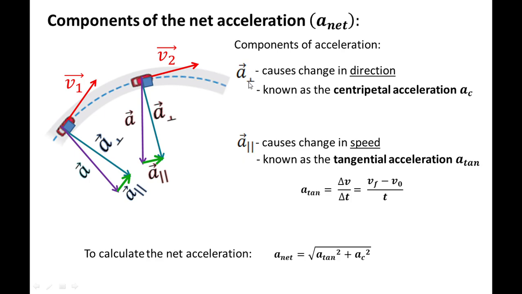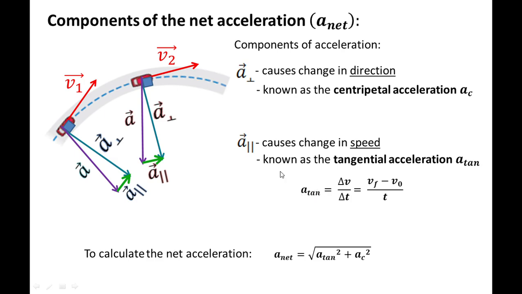The perpendicular acceleration, the one that causes the change in the direction of motion, or the one that is a requirement for circular motion, is called the centripetal acceleration because this is the acceleration that is caused by the centripetal force. On the other hand, the parallel acceleration, the one that is causing the change in speed or the change in the magnitude of your velocity, is known as the tangential acceleration, indicated by a sub tan, and it is just calculated by the usual equation of acceleration.